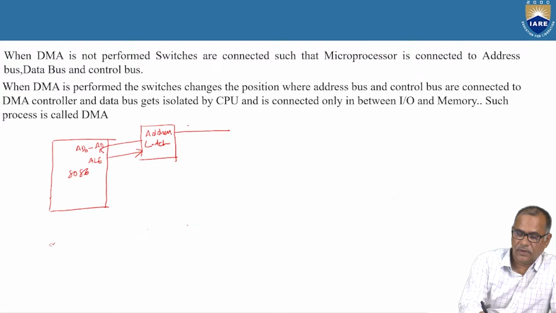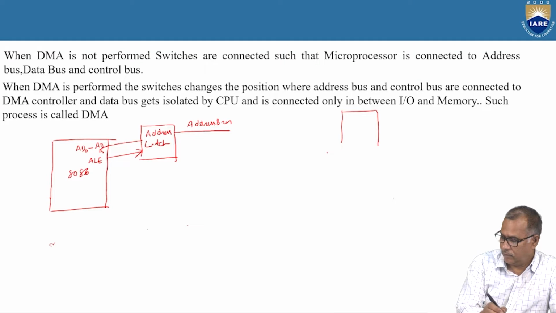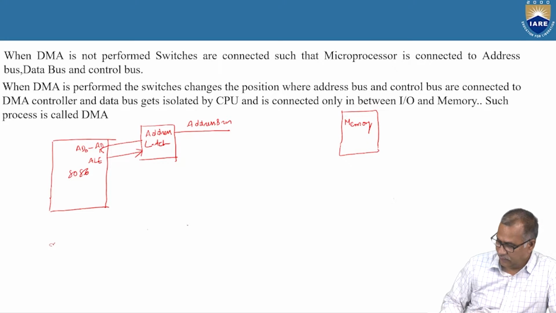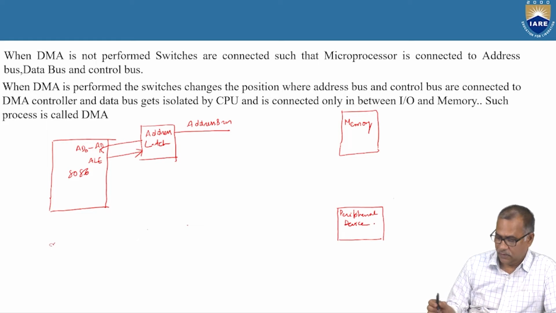So this is the address bus, AB, and let's say this is the memory, and this is the I/O device. You can also call it the peripheral device.